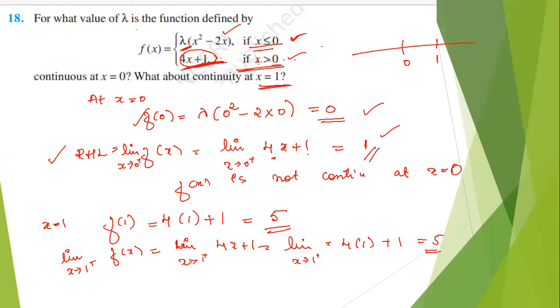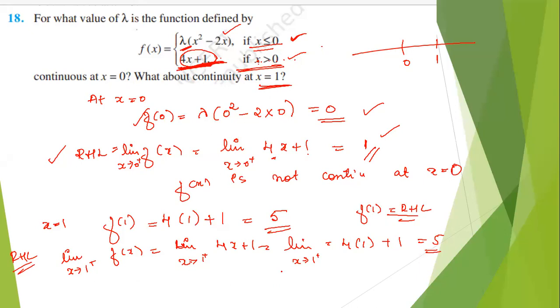It is not splitting, so for both the right hand limit and left hand limit you have to take the same equation. Once you take one limit, it's enough, either right hand or left hand. So here the function is continuous, correct? It's equal to the limit, so it is continuous.